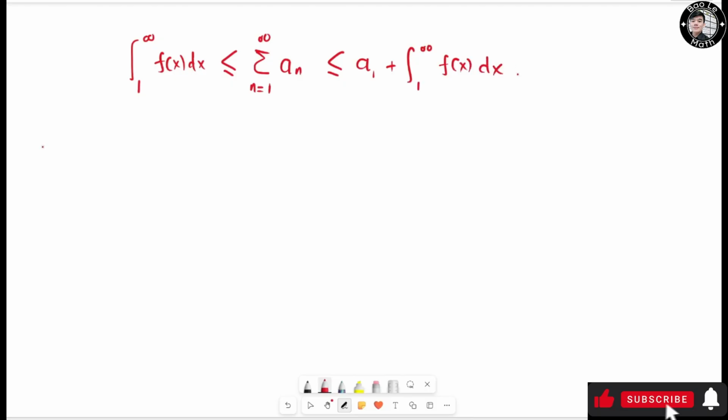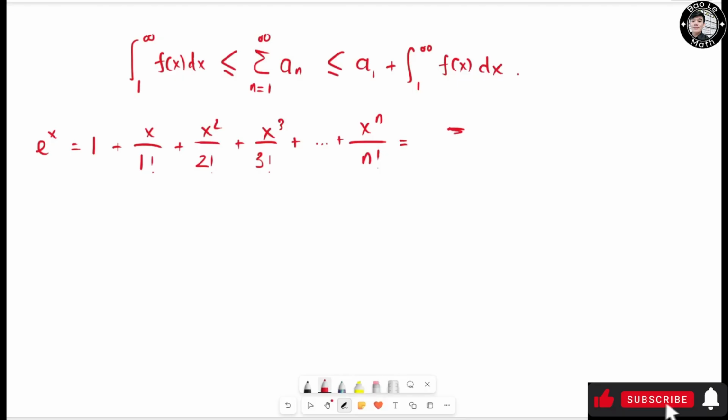Now, 3 Maclaurin series you need to memorize for the AP Calculus BC exam. The first one, e to the x is going to be 1 plus x over 1 factorial plus x squared over 2 factorial plus x cubed over 3 factorial, etc., plus x to the n over n factorial.